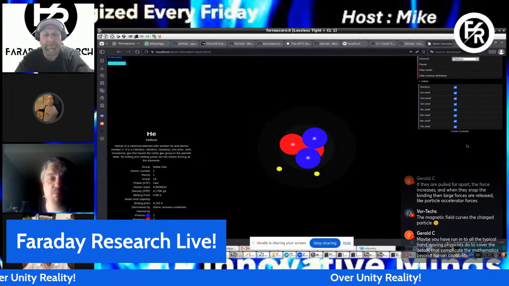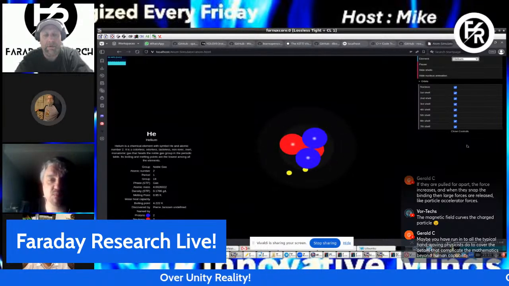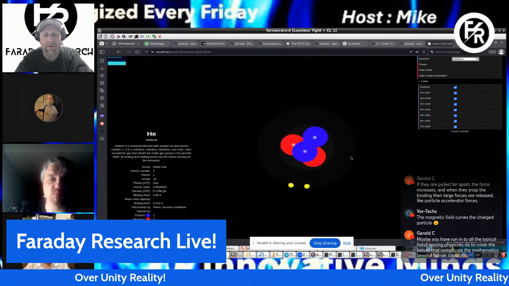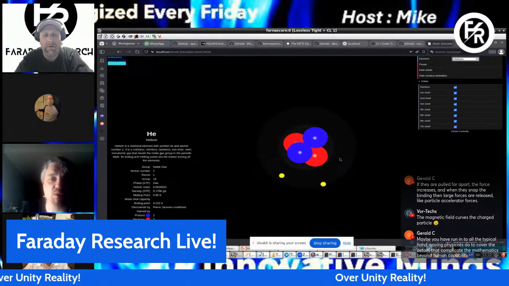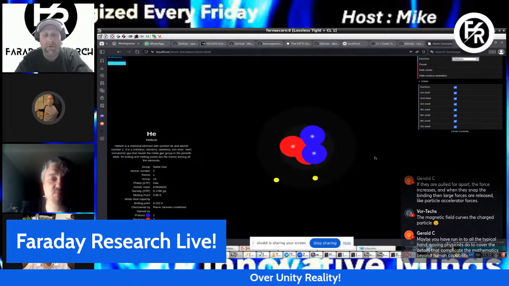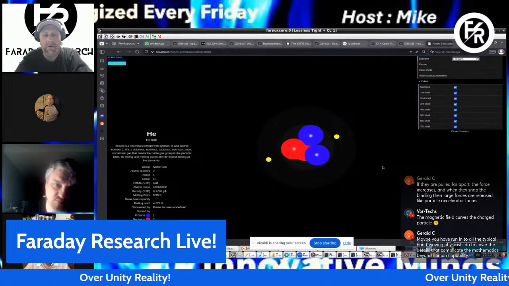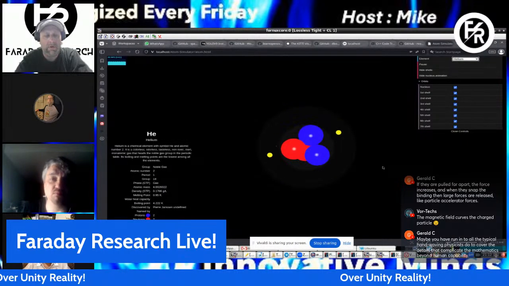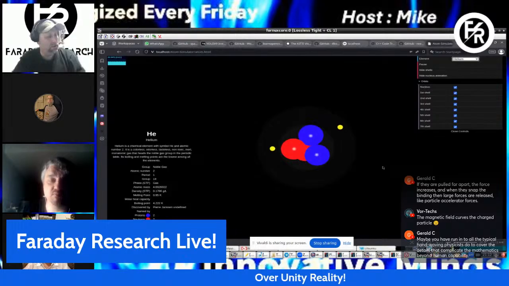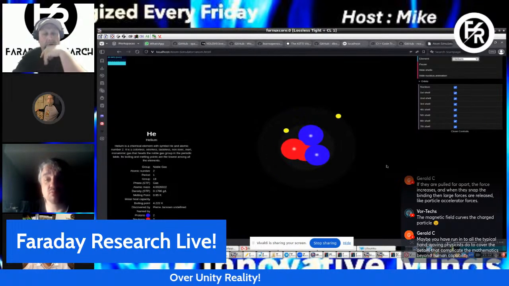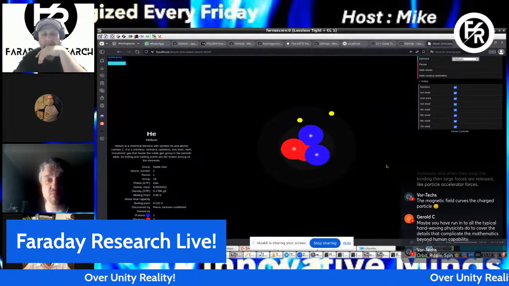Okay, this is how I see it. You see the red and blue, you see that circle in the middle there? That's a surface, right? A Gaussian surface. And the longitudinal goes from that surface out. So there's a gradient there. And the electrons, quote unquote electrons, are buoyant in that.